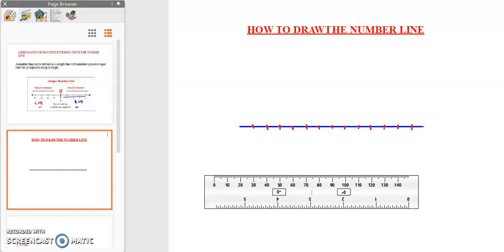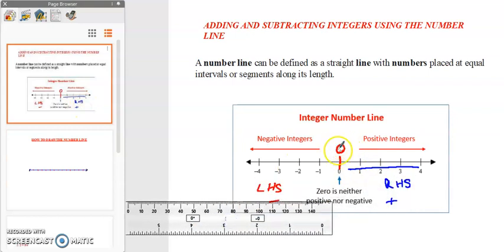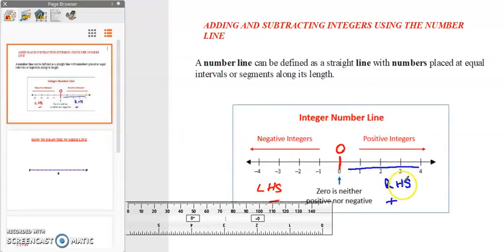Then we put our arrows, because that line continues in both directions indefinitely. In the middle of our number line we have 0, so let's use this as the center. On the right hand side we have positive numbers starting from 1.